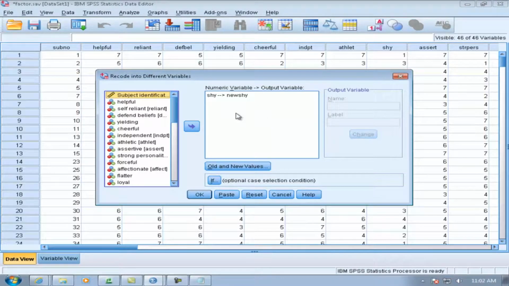Okay, I'm going to have to make this a shy, but I'm going to name it, let's see. Make it new shy.